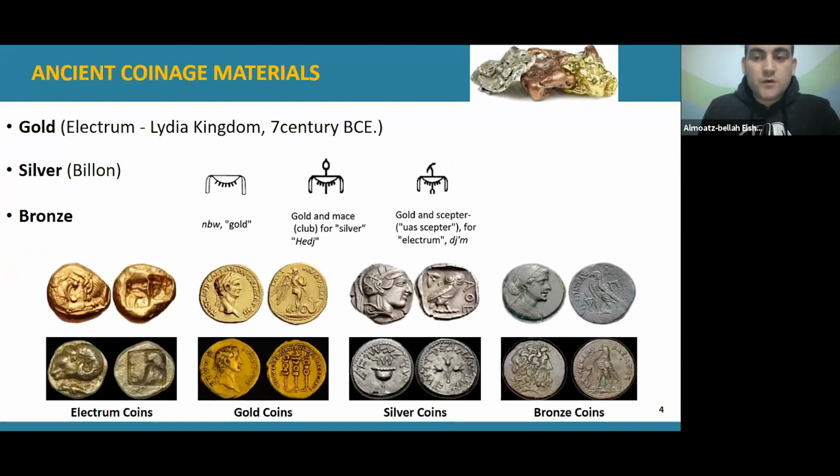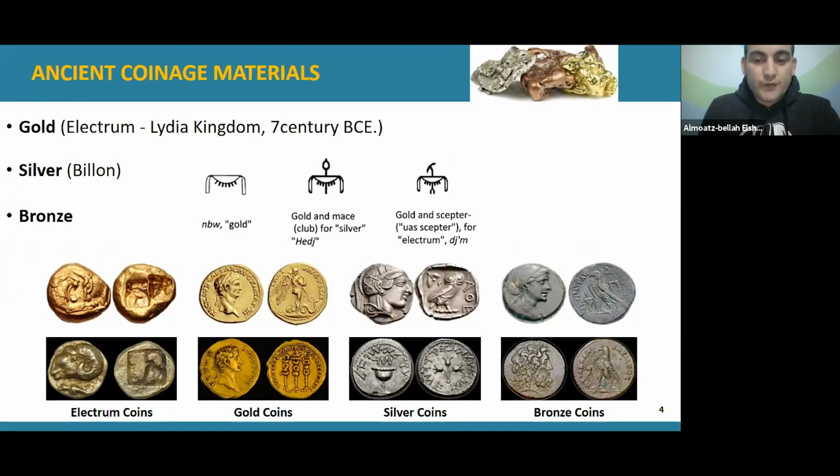Before the invention of coinage, gold nuggets served as a store of wealth, medium of exchange, and a standard of value. Ingots or rings of copper, rarely silver, were sometimes used as money.